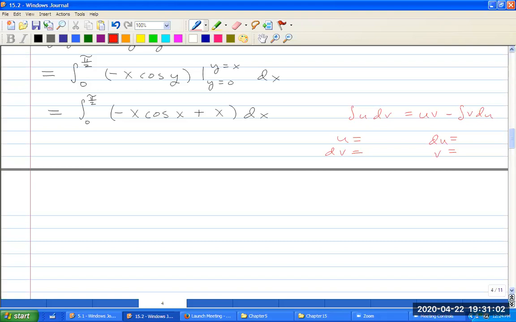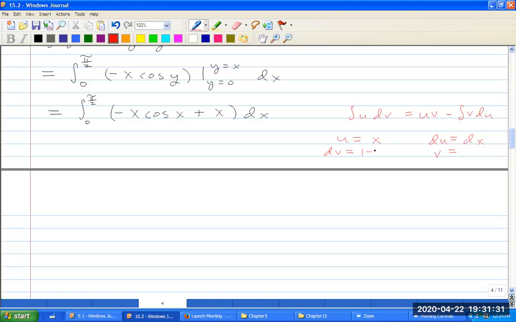So maybe what I'll do is I'll factor out the x here. And so I'll just let this be x, and then dv be everything else. So if I factor out that, there'll be a negative cosine plus 1.